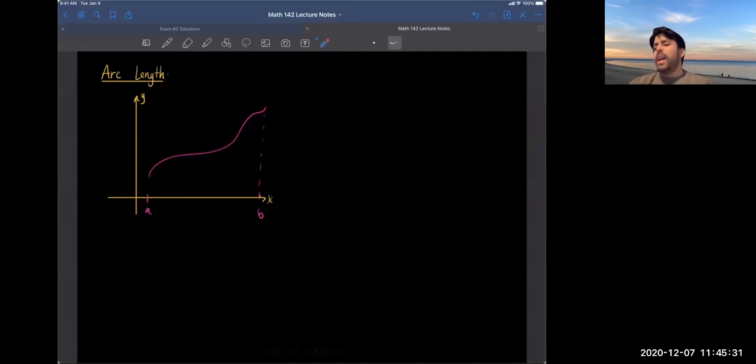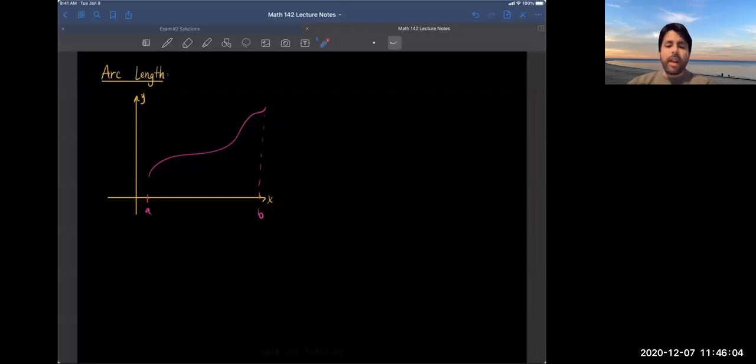Now let me ask you guys, given the ways that we have approached finding the area under the curve and finding the volume of a solid, how do you think we're going to approach finding the length of a curve? Remember, think about approximation.